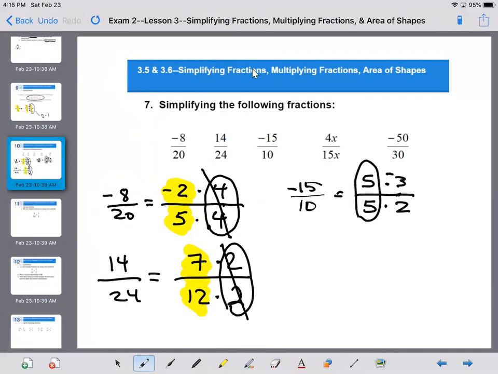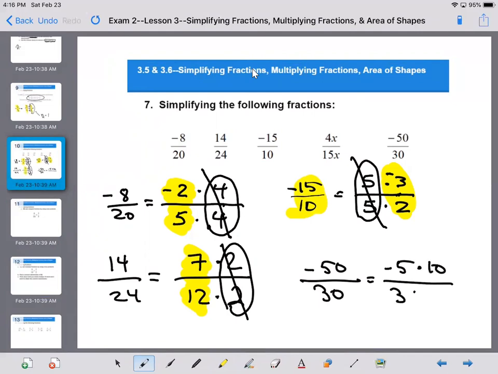And so that will divide out, and that leaves me with negative 3/2. That would be the same as negative 15/10. And then negative 50 divided by 30 is the same as negative 5 times 10 and 3 times 10, which is where sometimes you can see the zeros, and it's like you're dividing out the zeros. Well, there's a reason you're doing that, because that's that n divided by n. That's that 10 divided by 10, leaving you with the negative 5/3.